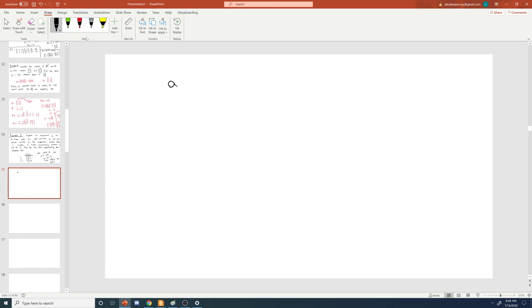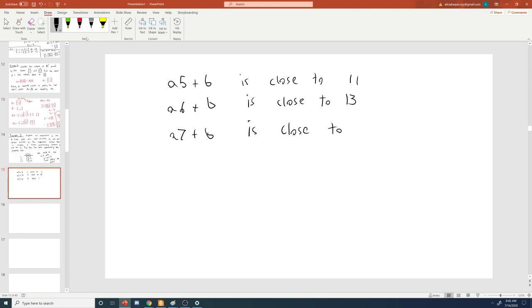We're trying to choose A and B such that A times 5 plus B is close to 11, and A times 6 plus B is close to 13, and A times 7 plus B is close to 17.